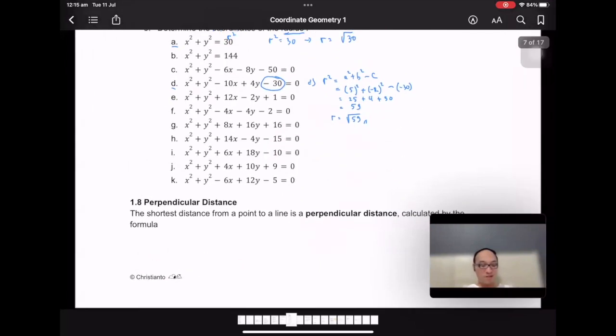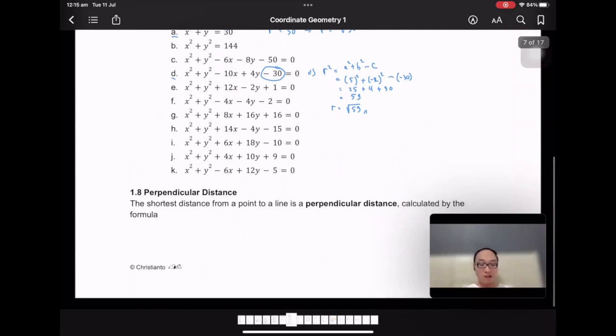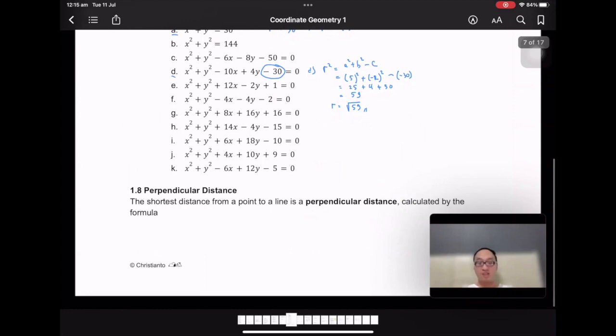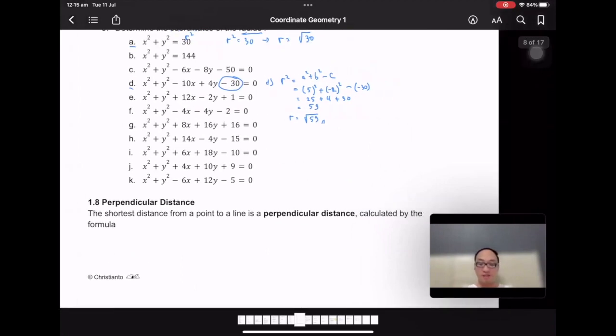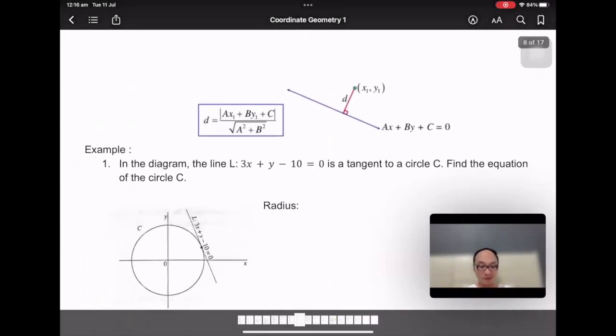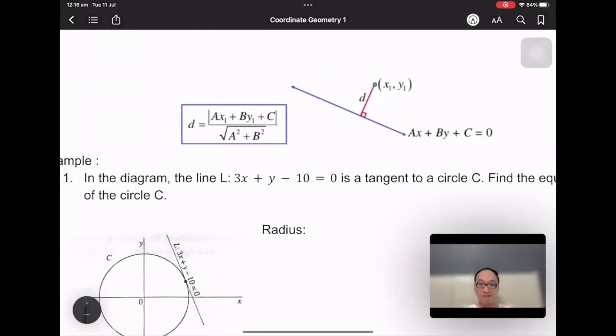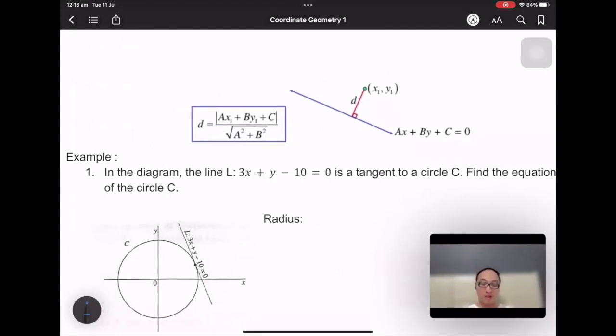Next, perpendicular distance. The shortest distance from a point to a line is a perpendicular distance, calculated by the formula. This one, we can use the special formula. So if you have any point and you want to find the distance between the point to any lines, the shortest distance is the perpendicular distance because it makes an angle of 90 degrees.